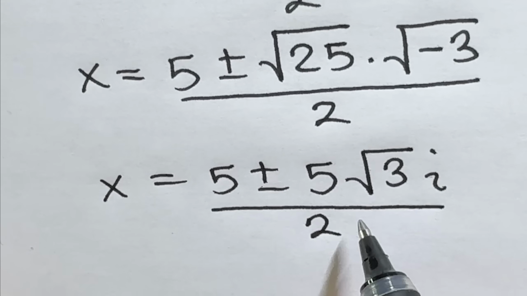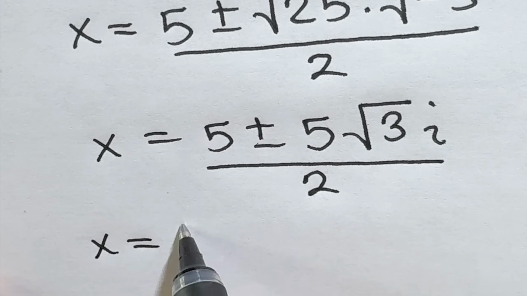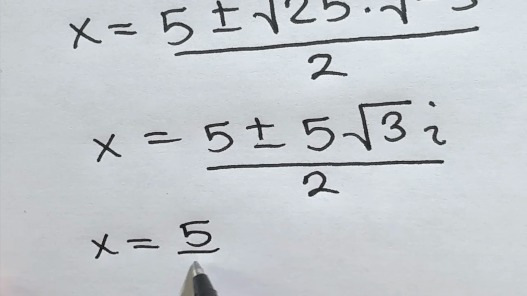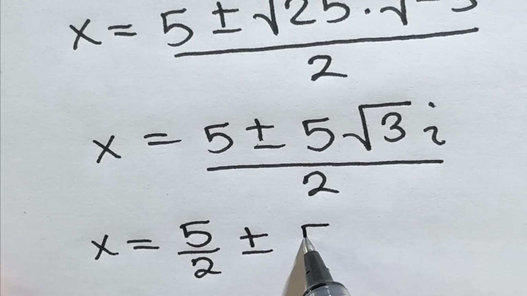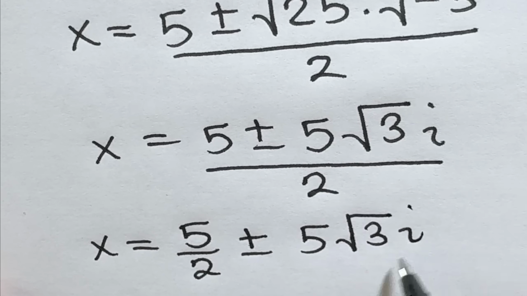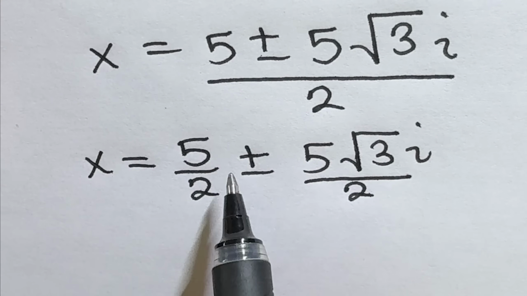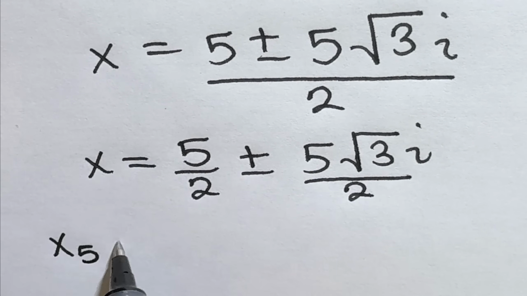We're going to separate this division like we did earlier. So x is equal to 5 over 2 plus or minus 5 root 3 i over 2. Then we'll go ahead and separate the signs as well. Now we're going to have x5, which is the fifth value.